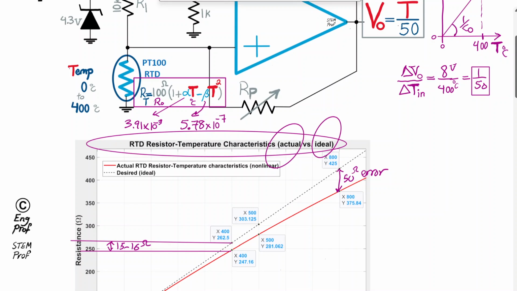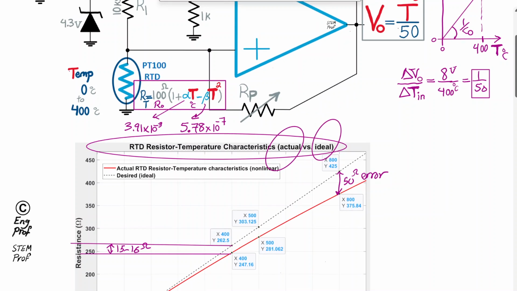The best way it is done is via a weak positive feedback that tries to push, or bend upward, this nonlinear behavior. By moving this red curve upward, it becomes as close as possible to the ideal black dashed line. That's the plan.